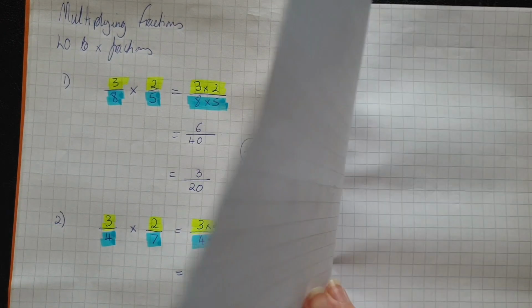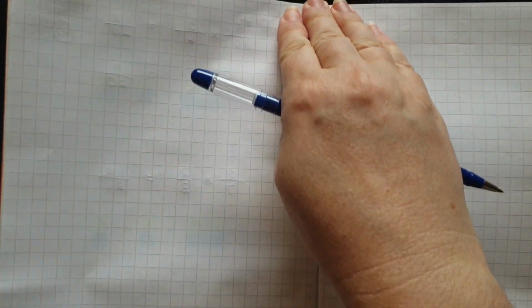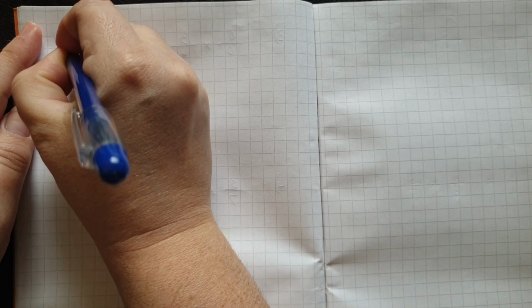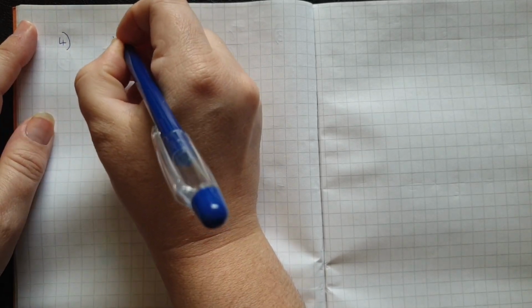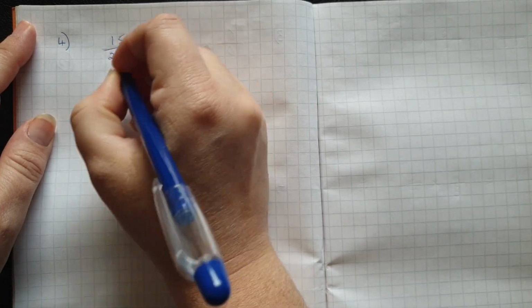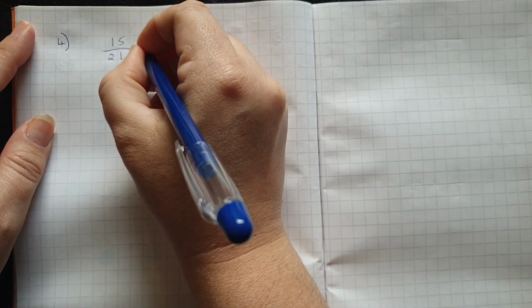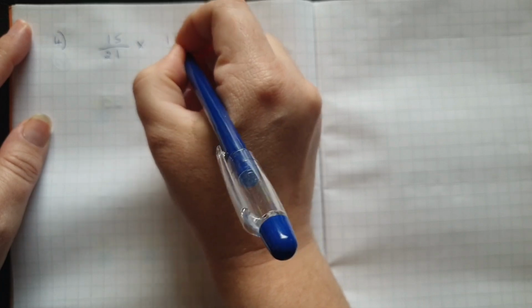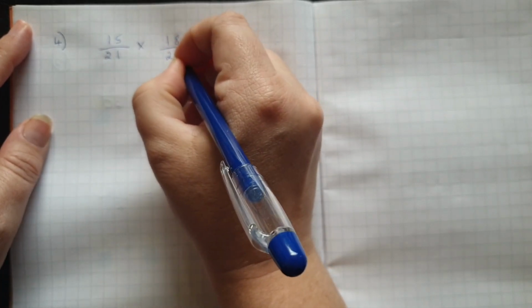There is a second method where you cancel before you multiply. This is useful when you've got very large numbers. I'll show you an example. If we take 15 over 21 multiplied by 18 over 25.